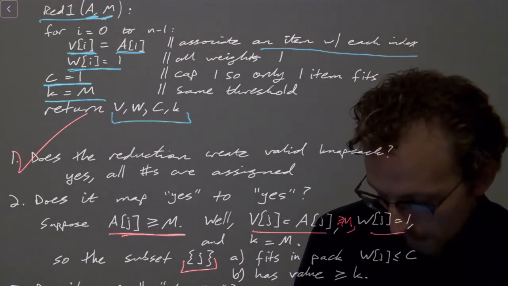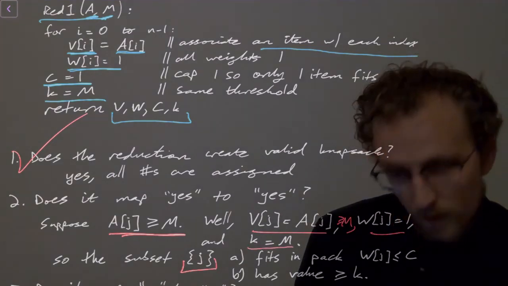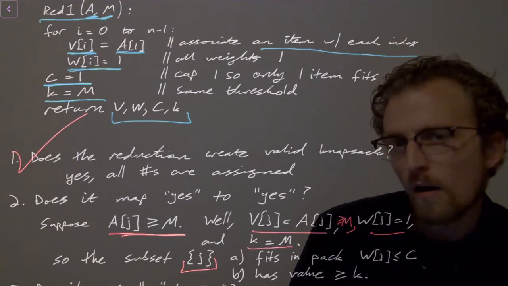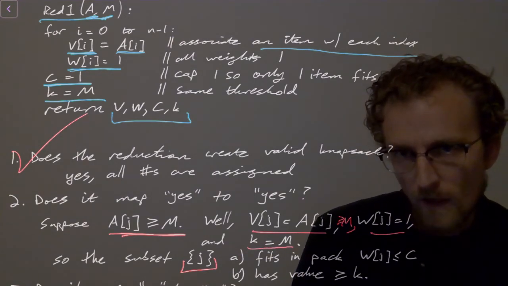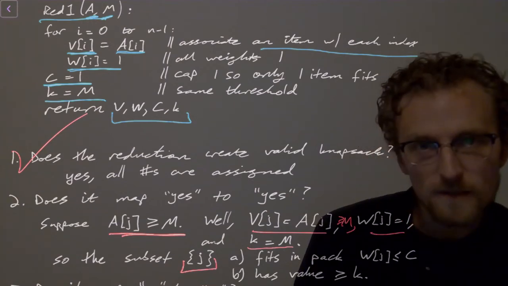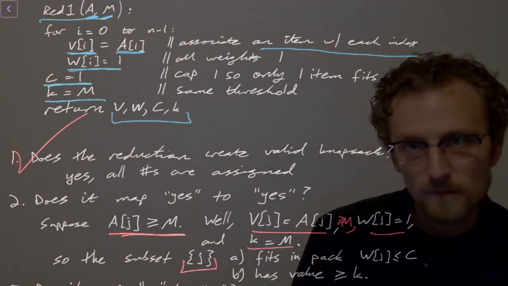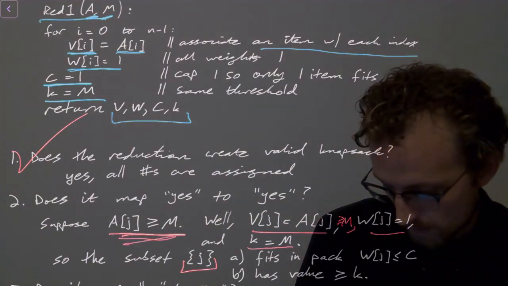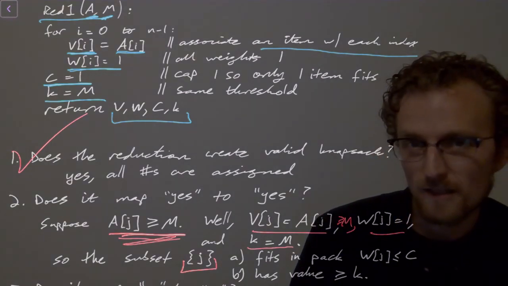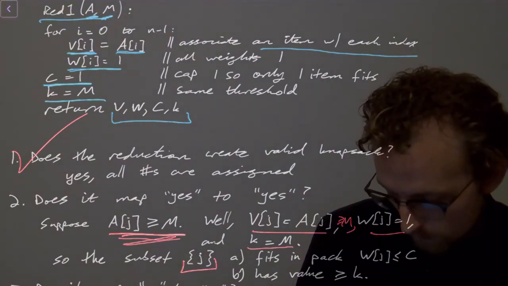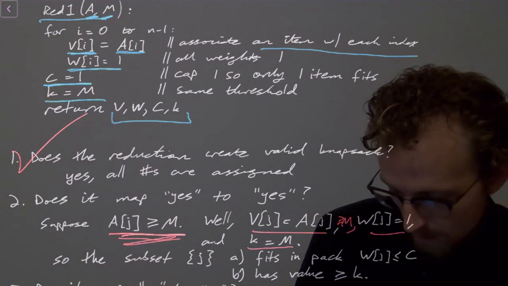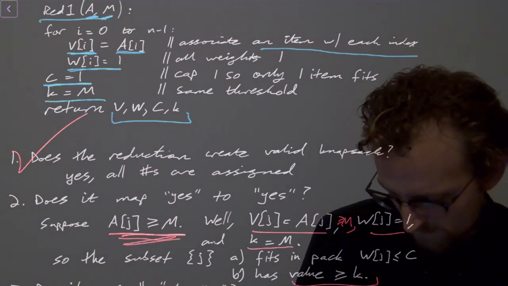Okay, so because we've set our knapsack's value threshold to be equal to our array search value threshold, we know that the value of this subset is at least m, right? Because it's a yes instance of the initial problem. And so that means the value of this subset, when we put it in the knapsack, has a value of at least k.